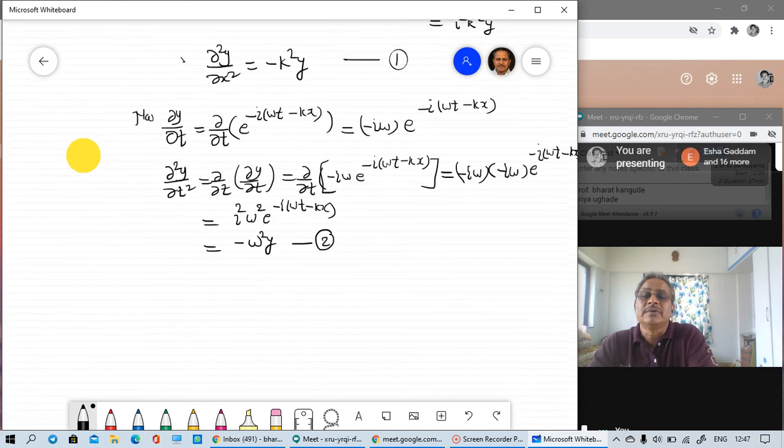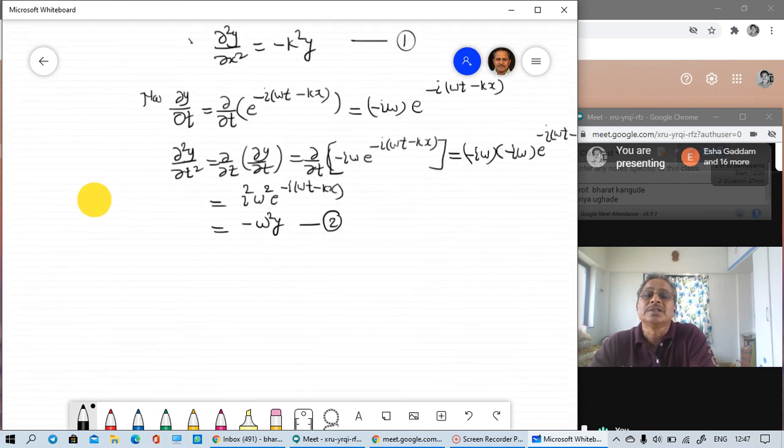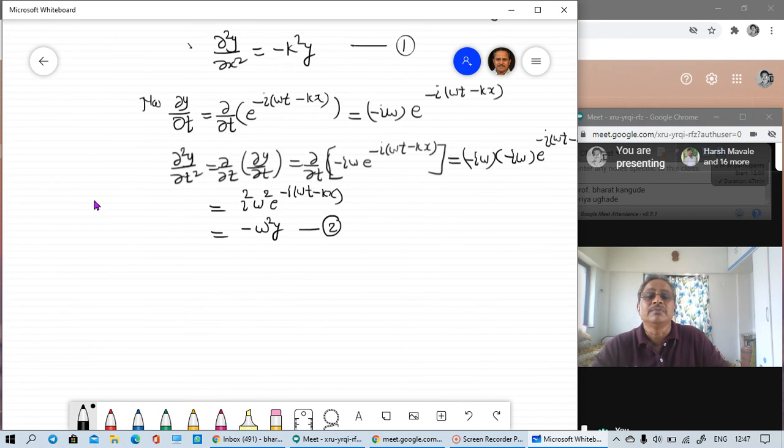Now look at equation number 1 and equation number 2. According to equation number 1 we will have minus y is equal to 1 upon k square into ∂²y/∂x², isn't it?